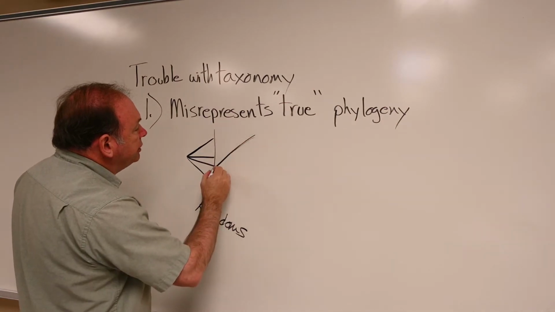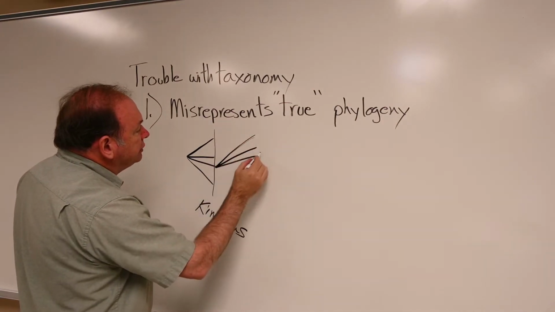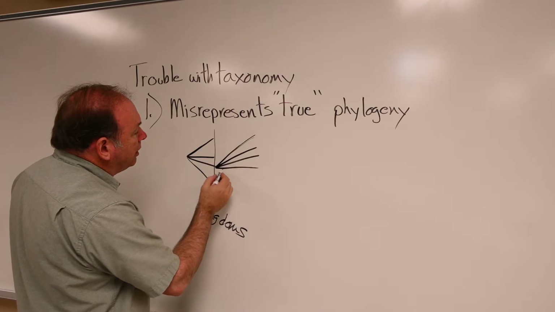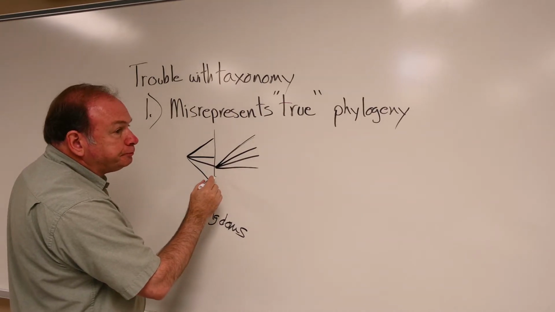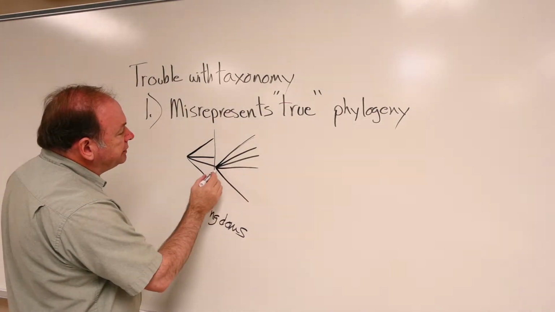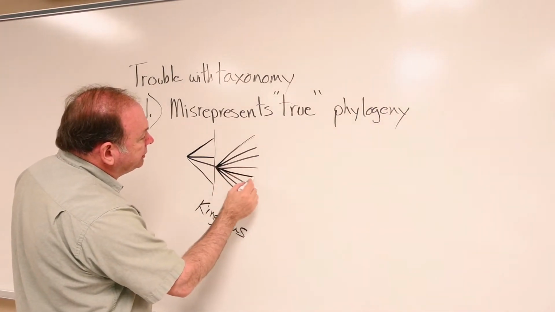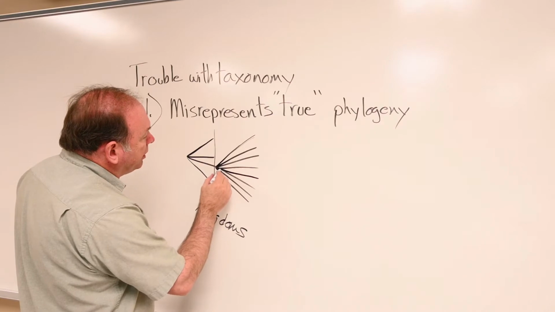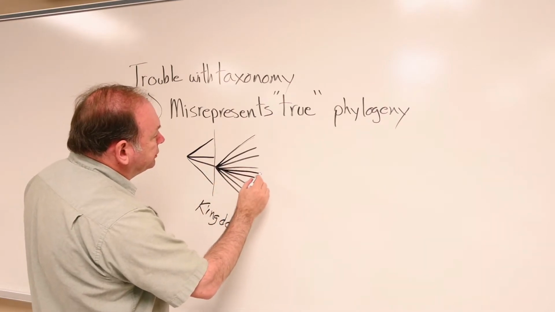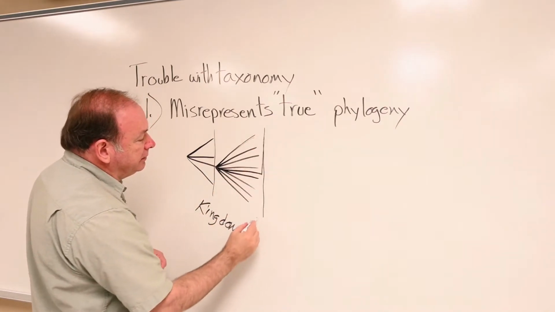There's going to be sponges, cnidarians, flatworms, roundworms, arthropods, mollusks, annelids, echinoderms, and somewhere in there we'll get our chordate phylum. So here's our phylum here.